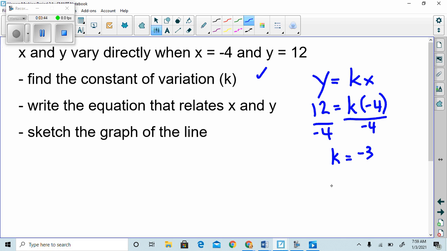Let's write the equation that relates the two, so we go back to the model and we replace k with the value that we found in the first part of this problem. There is my equation that relates x and y. On to the sketch of this particular line. I'm just going to do a really rough sketch here.